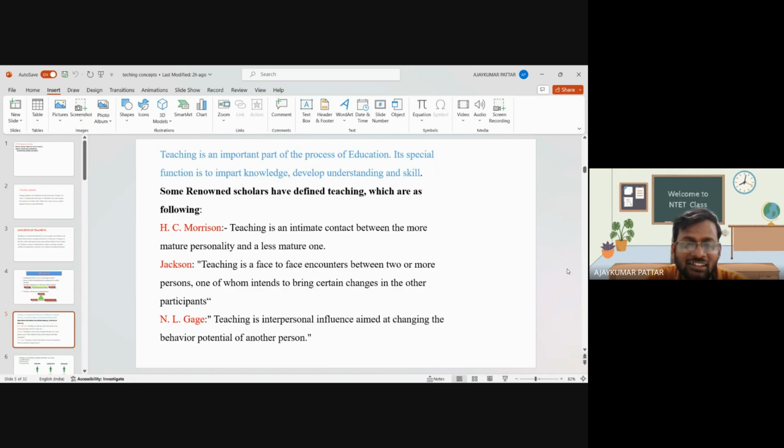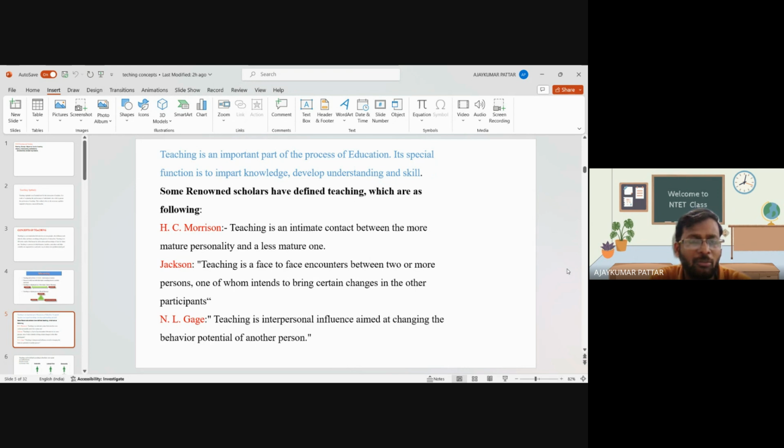In that sense, Morrison tells that teaching is an intimate contact between the more mature personality and the less mature one. In another context, more mature means the maturity may be in the political field, religion field, education field, whatever sense. This is the broader sense of the definition.